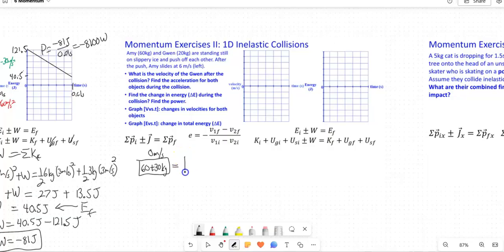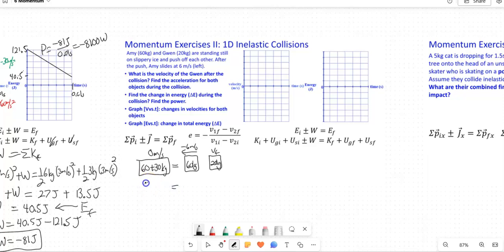Now, after they explode, Amy, 60 kilograms, is moving to the left at 6 meters per second. And poor Gwen, she's going to be moving to the right, likely at some speed.